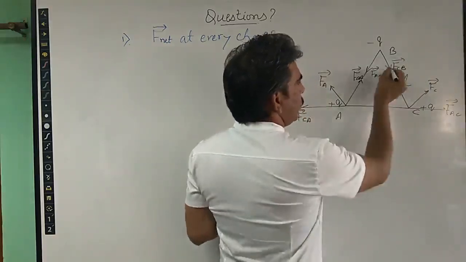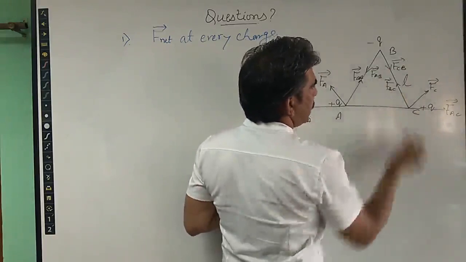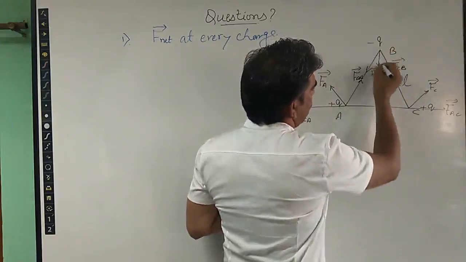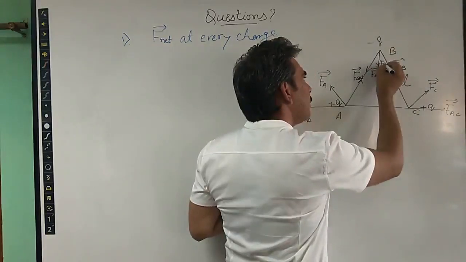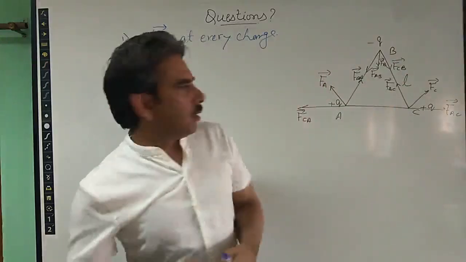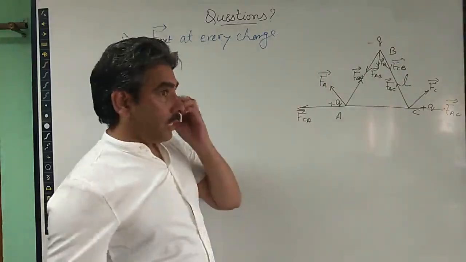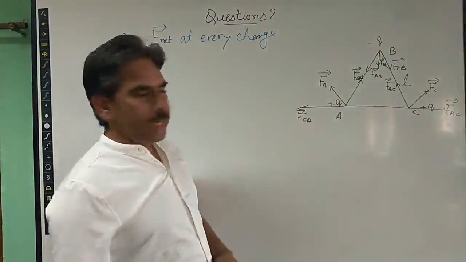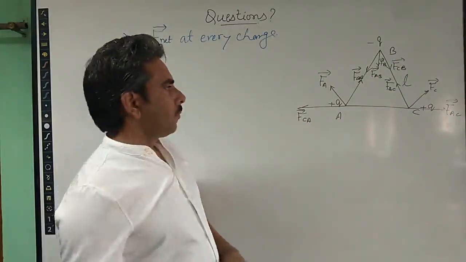The resultant force due to these two charges will be along this direction. We can simply give it the name FB. So we have shown all the forces and their resultant. The only part left is the calculation.